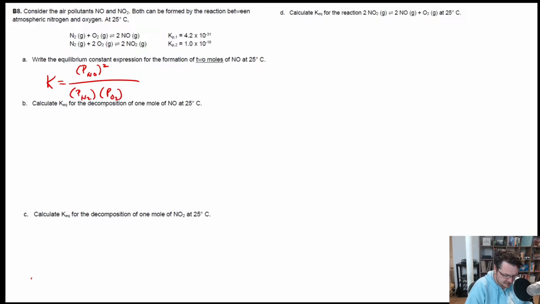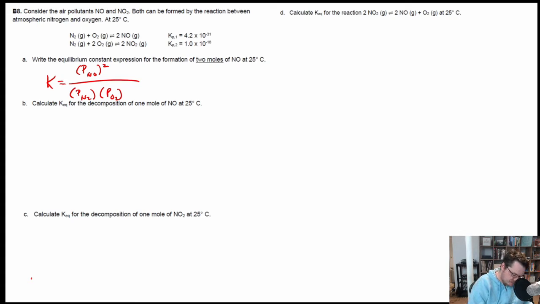For B, it says calculate the KP for the decomposition of 1 mole of NO at 25 degrees Celsius. Looking at that first equation, that's the formation of NO, so the decomposition of NO should go in the exact opposite direction.